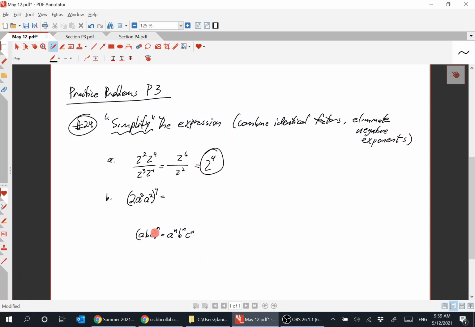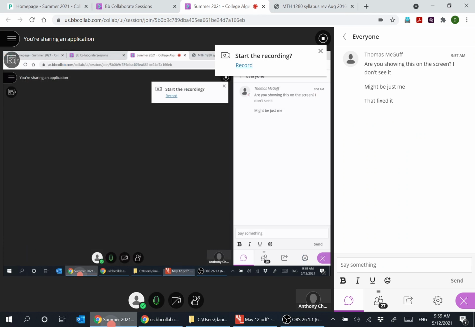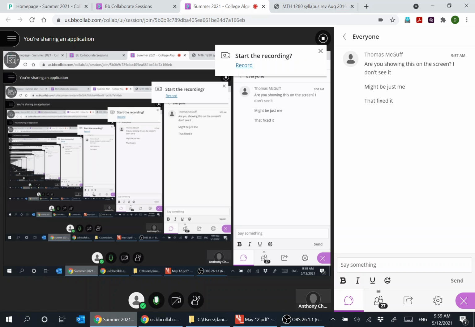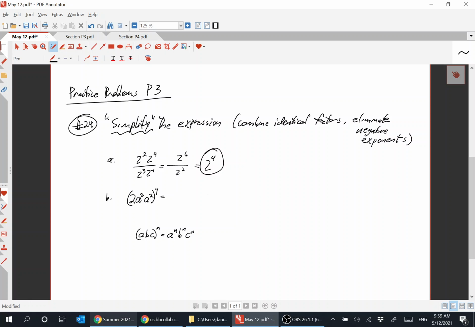Exponentiation distributes over multiplication and division. It doesn't distribute over addition, but multiplication and division, yes.